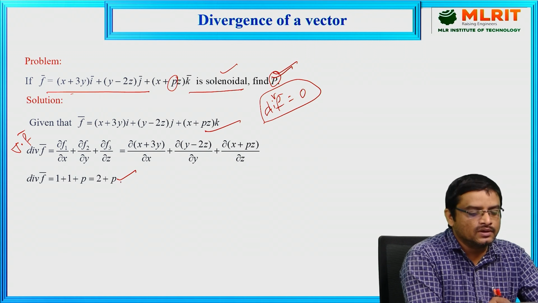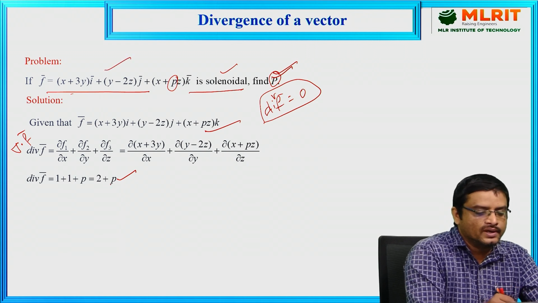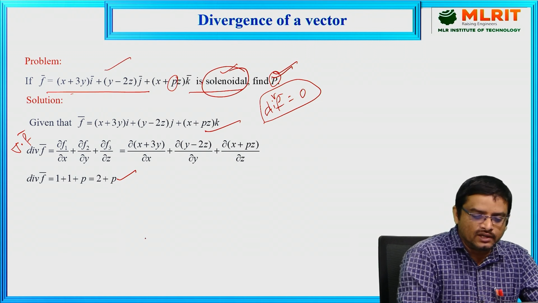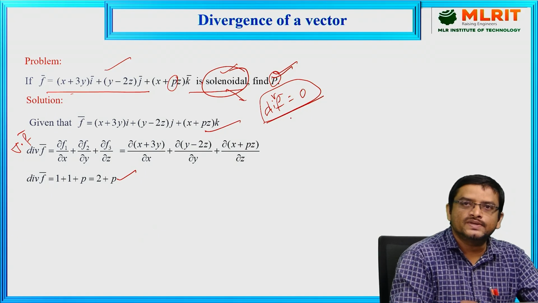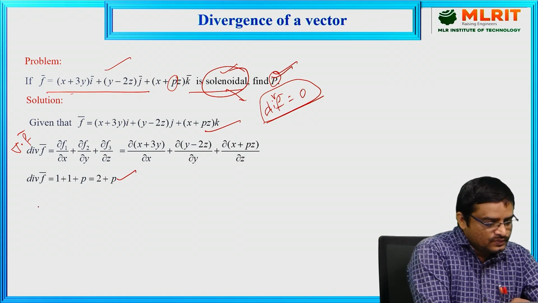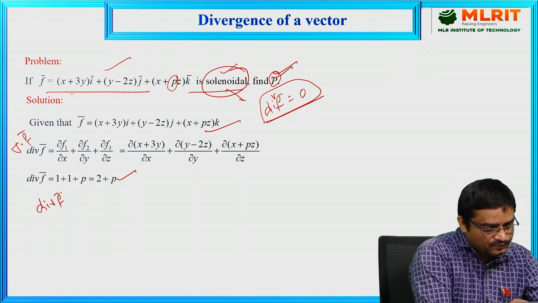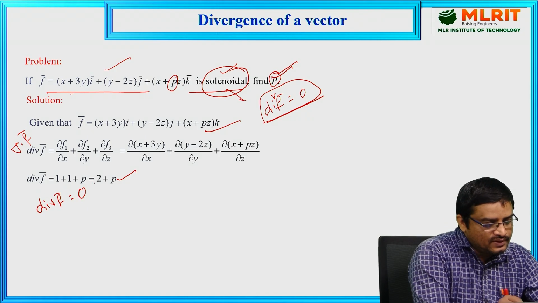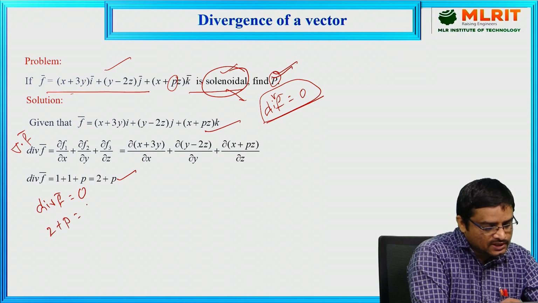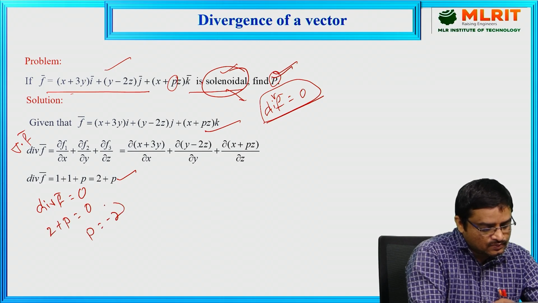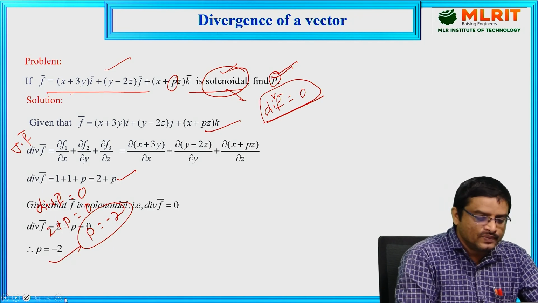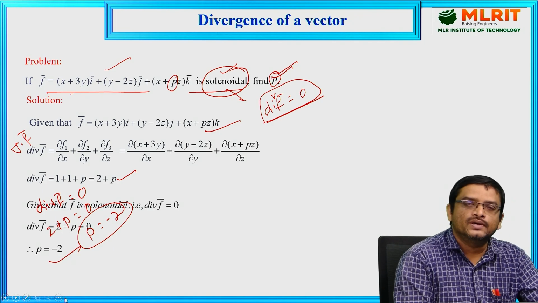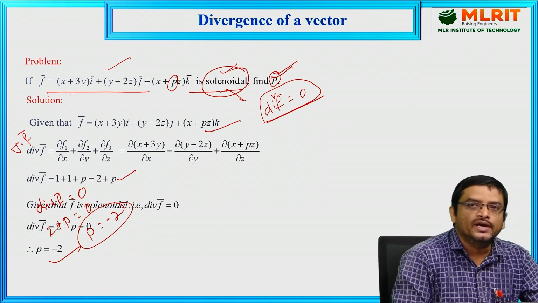Because in the problem he has mentioned that the vector he has given is solenoidal, and a vector is solenoidal if it satisfies this condition. So div f bar is equal to 0. We got 2 plus p is equal to 0. From this we get p is equal to minus 2. So this is the way we find the unknown parameters given in the vector whenever that vector is a solenoidal vector.